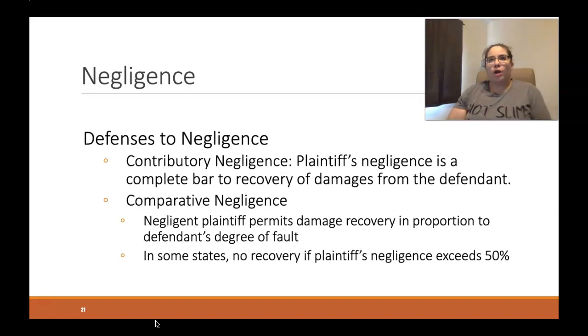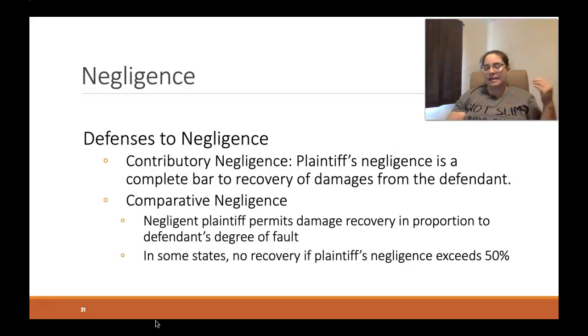Now, there are a series of defenses to negligence, and this is one of the areas that you should pay attention to, because there are a variety of defenses that you can invoke if somebody says that you, perhaps as a business owner, were negligent and that they were injured as a result of your negligence. So, in some states, there is a complete bar to recovery.